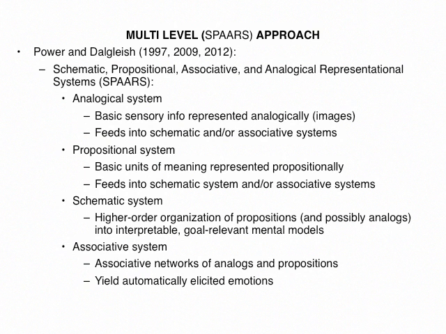So in Power and Dalgleish, they talk about different systems, that the analogical representations would all be organized into one system, the propositional representations in another system, the schemas into another system, etc. I'm not so clear on why these would need to be distinct systems, but maybe it's helpful for our understanding to think about them as separate, and I don't think we lose much if we do.